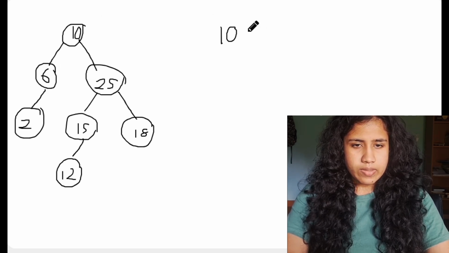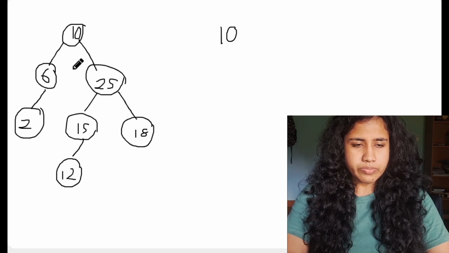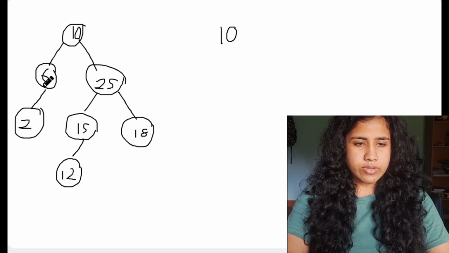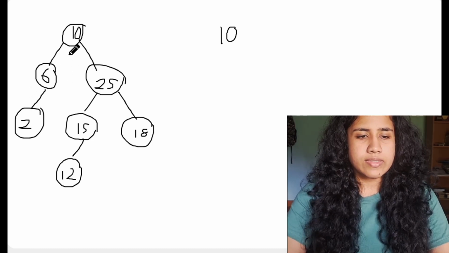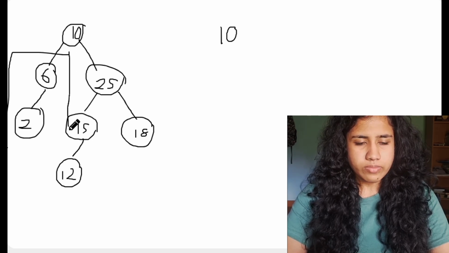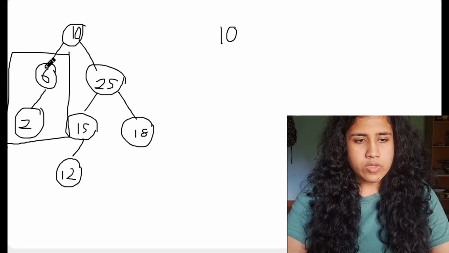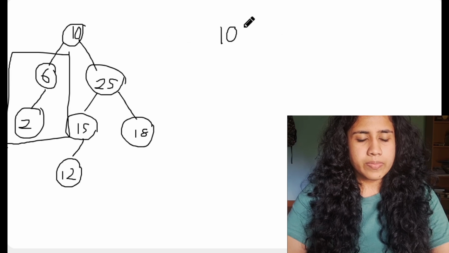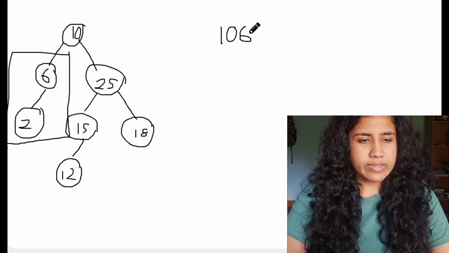So 2, and this is the right node. Then 6. Now we have to check from this subtree.